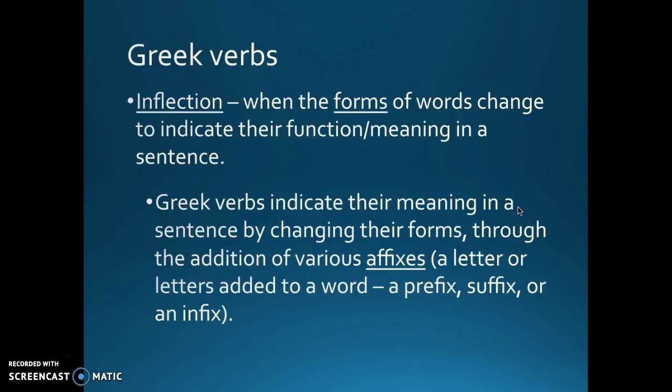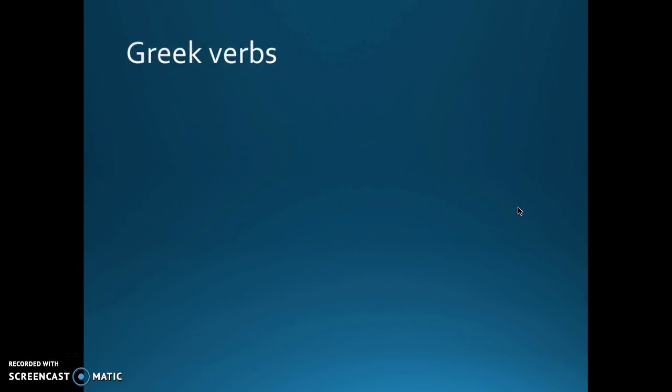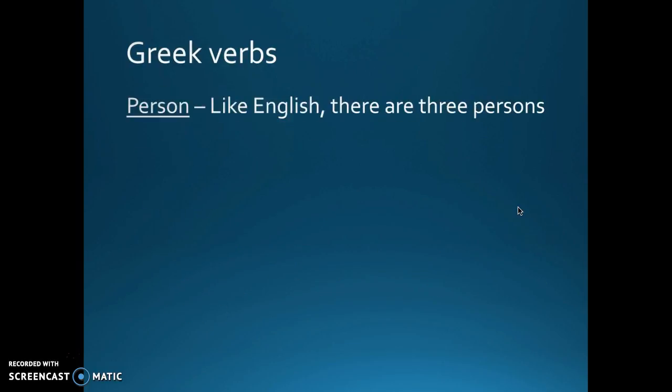So often there is an affix, an addition of a letter. It could be preceding the word on the front end of the word. It can be in the middle of the word as an infix, or it can be on the end as a suffix, but they're called affixes. It's when the form of the word actually changes to show meaning. And this will make a little more sense here in a moment.